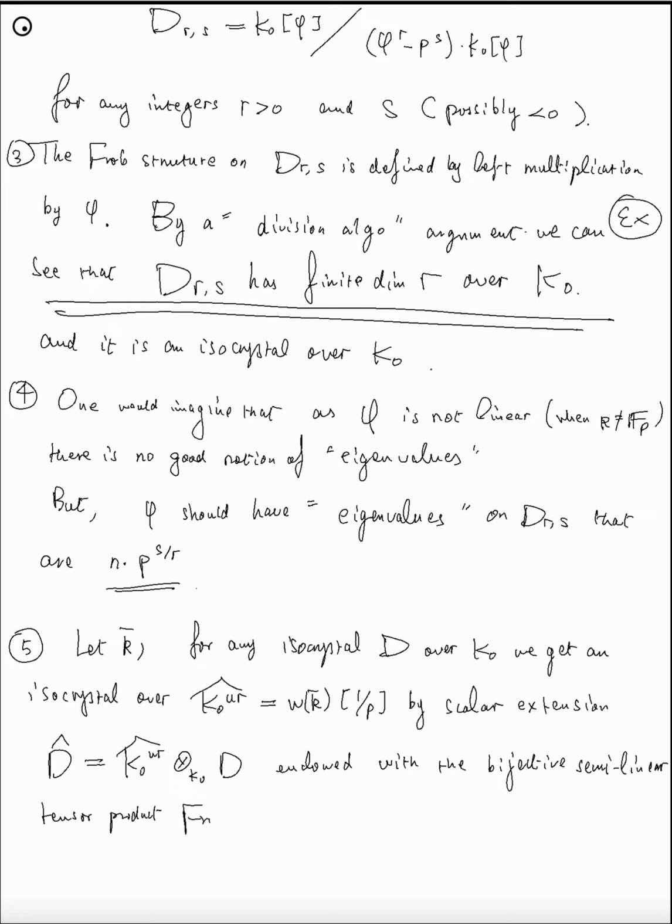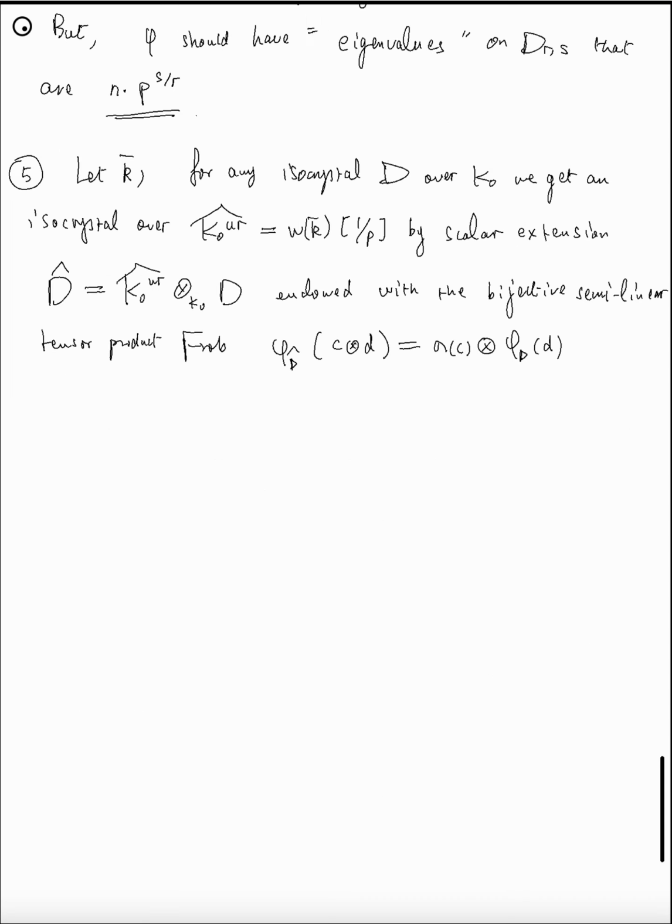It's denoted by phi D hat, and acts on elementary tensors by our definition as sigma c tensor phi d. So this is consistent with our Frobenius structure over the tensor product.